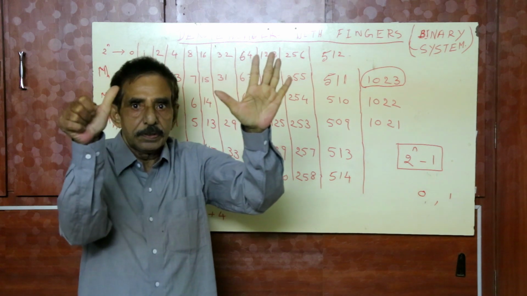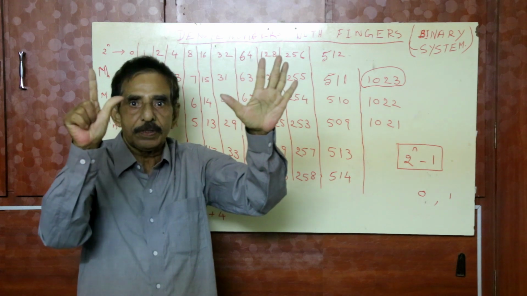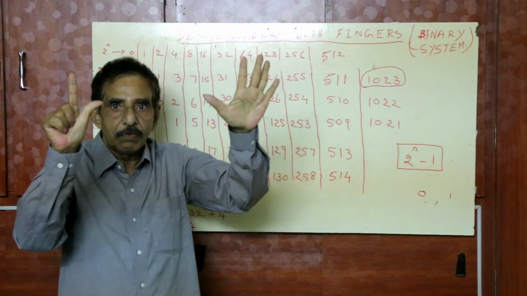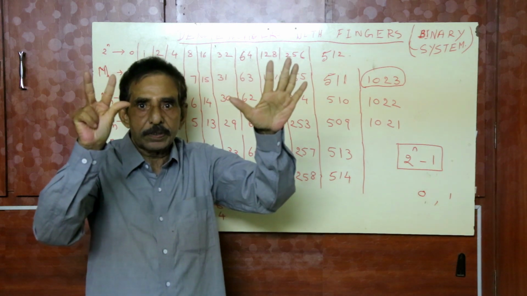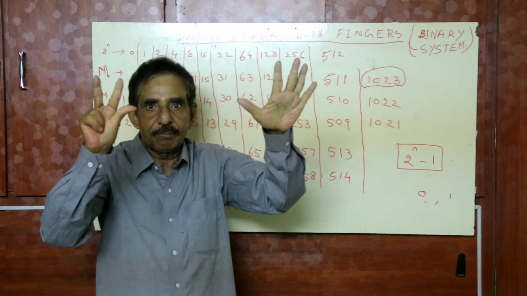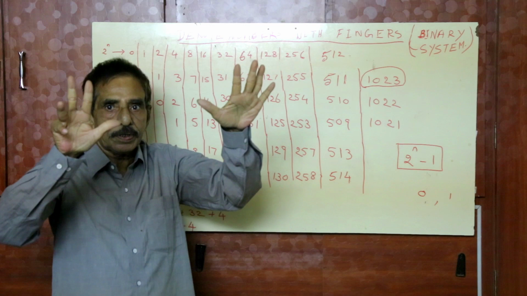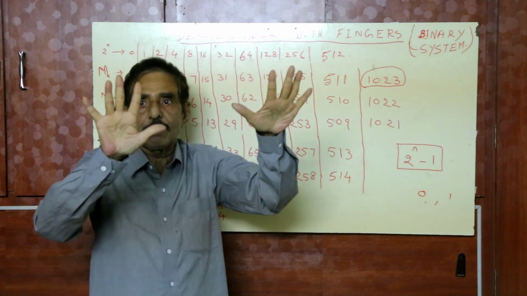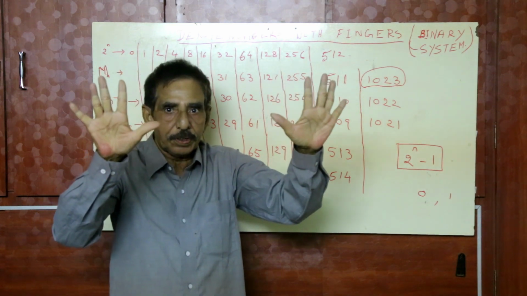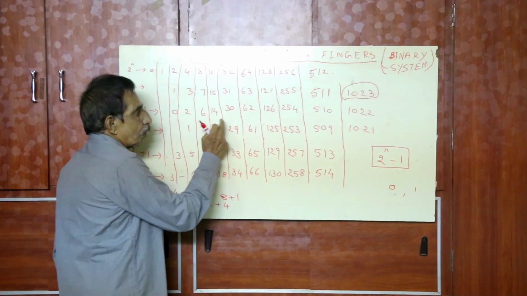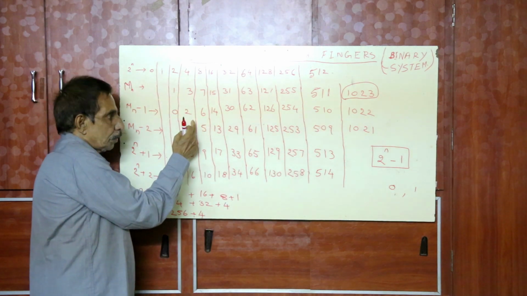If I open these 6 fingers, it is 63. If I open these 7 fingers, it is 127. If I open these 8 fingers, that is 255. If I open the 9 fingers, that is 511. If I open all the fingers, it represents 1023.